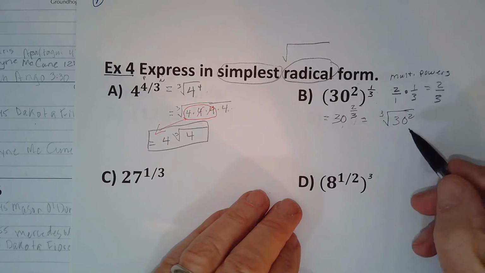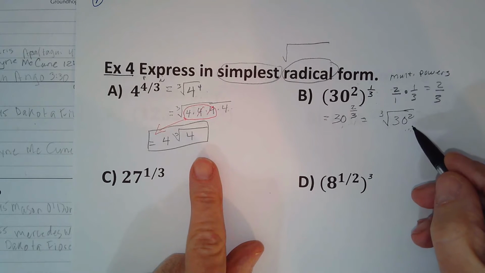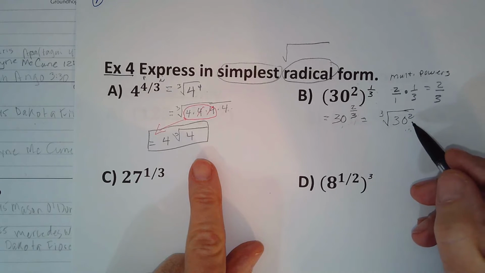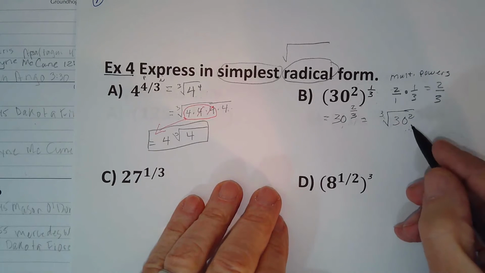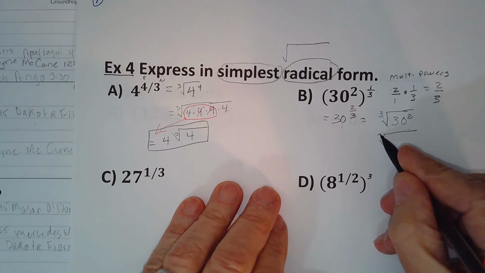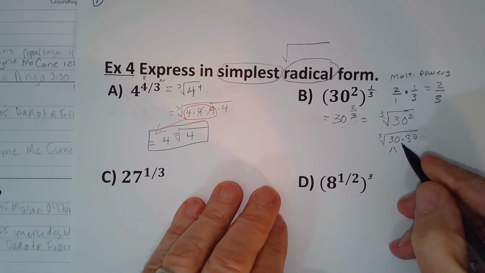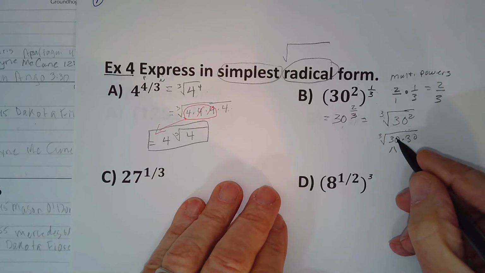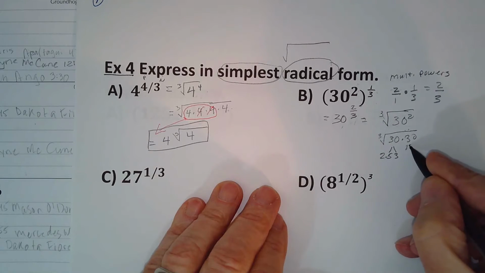Now, like the previous problem over here, the question is, can we factor 30 and come up with some group of 3 that we can take out? Because remember, this is the index of 3. Well, 30 squared is 30 times 30, right? So this is the cube root of 30 times 30. And we can break this up into 2 times 5 times 3, and 2 times 5 times 3.